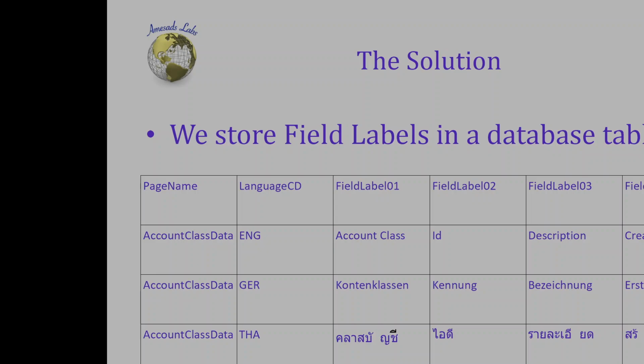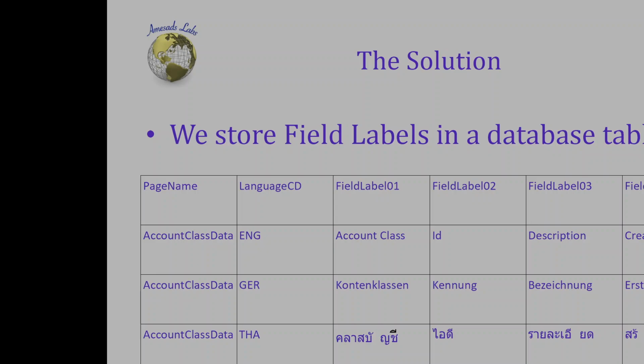You look into the database, you find all the labels you need. Then the language code is the 3-digit international language code. And then you have multiple fields, and we created them as field labels plus a number.